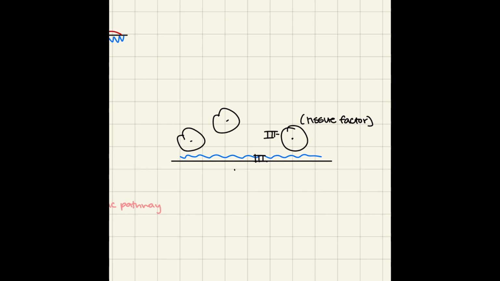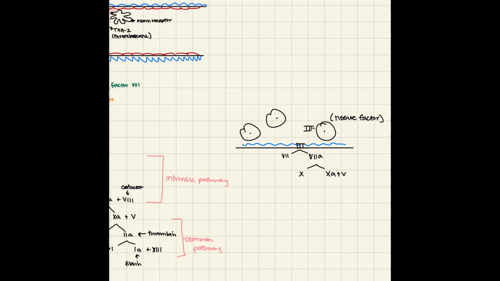Factor 3 activates factor 7 and makes it 7A. Factor 7A activates factor 10 and makes it 10A, and then we also need 5. So that's where this is going to join the common pathway.